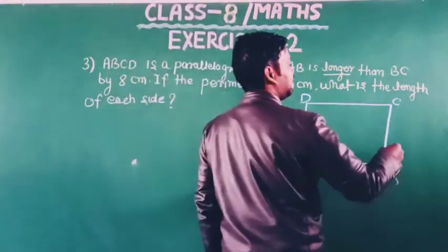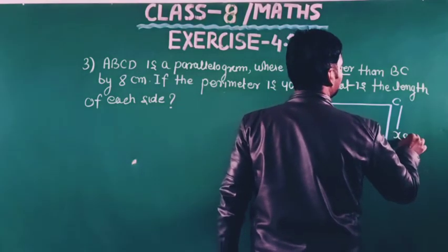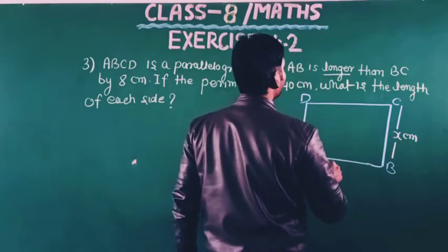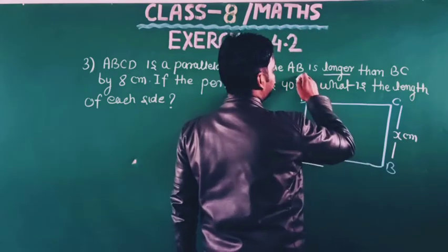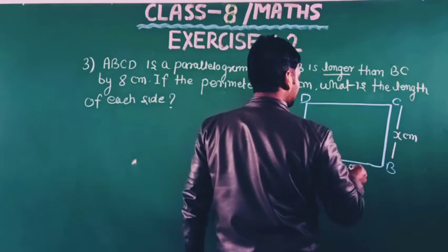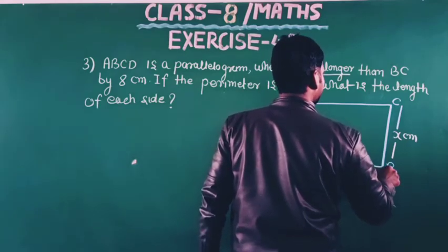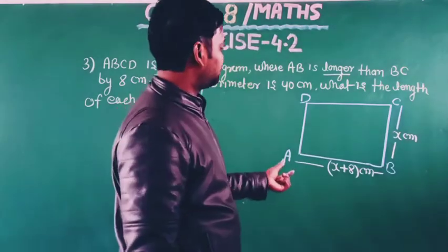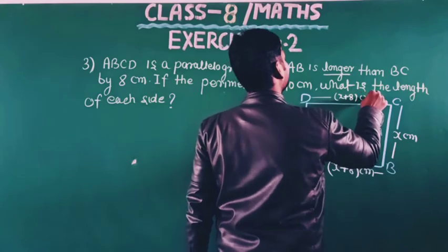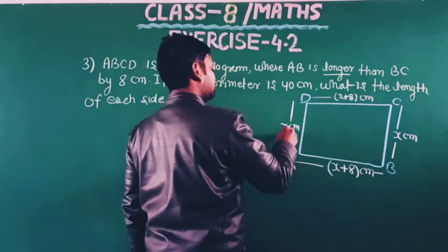So let the measure of side BC be x centimeter. AB is longer than BC by 8 centimeter, so side AB becomes x plus 8 centimeter. Here CD is also x plus 8 centimeter and AD is also x centimeter.